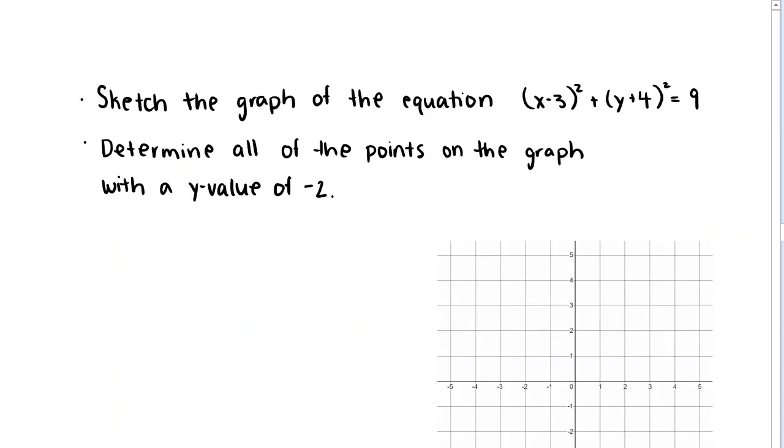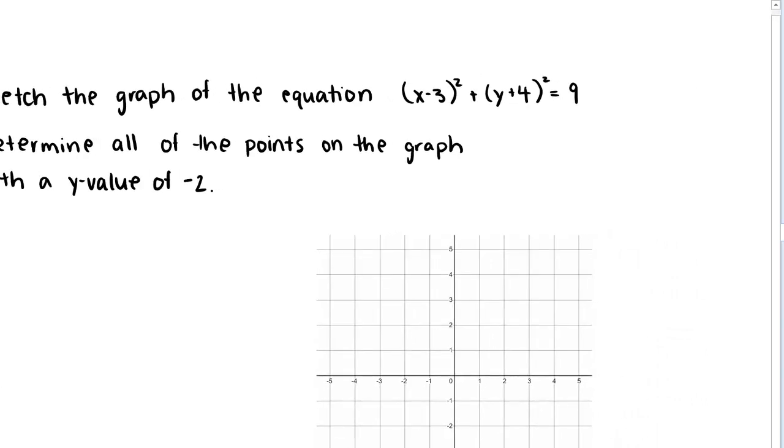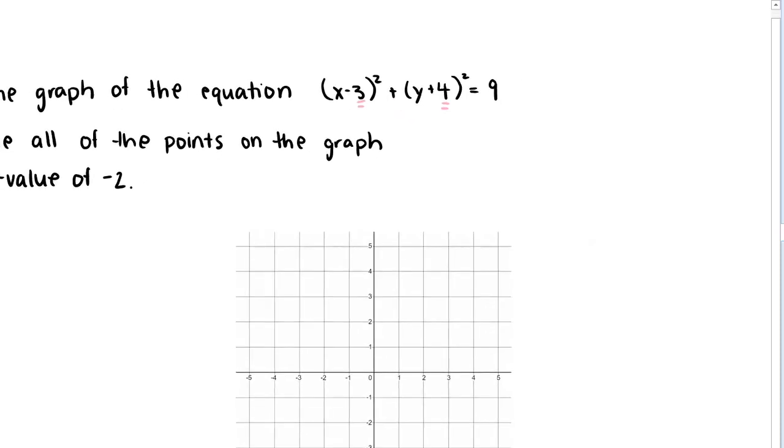Okay, and so let's go ahead and do the reverse, and let's sketch the graph of the equation of some circle. Here we have (x minus 3) squared plus (y plus 4) squared is equal to 9. And so notice that we can identify the center of our circle as (3, -4).